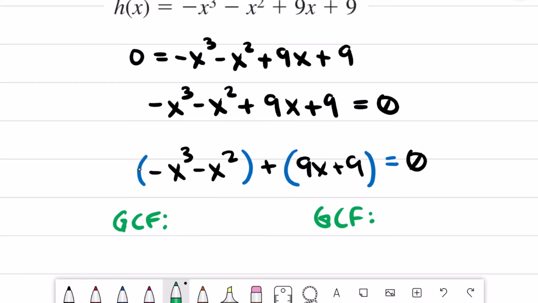So I see here that I'm going to factor out a negative. I can also factor out an x squared from both terms. And for this set, I can factor out a 9.